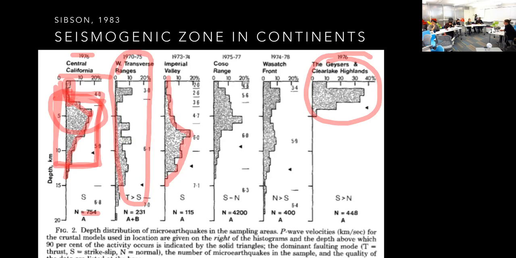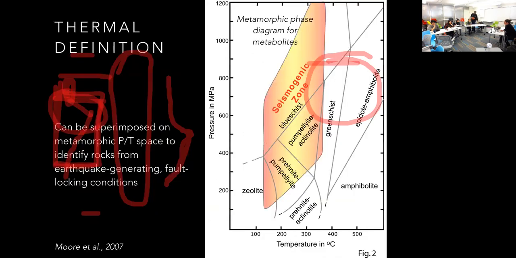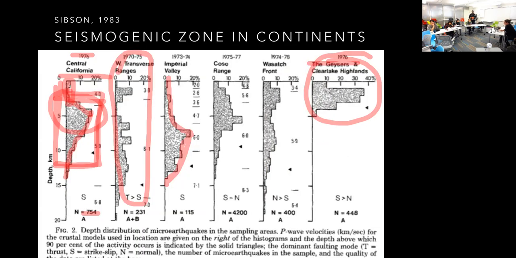But it's an active hydrothermal system, and The Geysers is actually a hydrothermal energy plant there, so it's being exploited. You can see that where you have a high heat flow, your seismogenic zone moves up in the crust. So we end up with a very shallow seismogenic zone, a lot of earthquakes here that are probably associated a lot with fluid flow. And below about 5 kilometers, the crust is hot and we have no earthquakes.